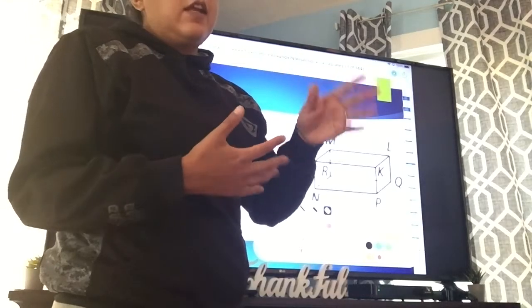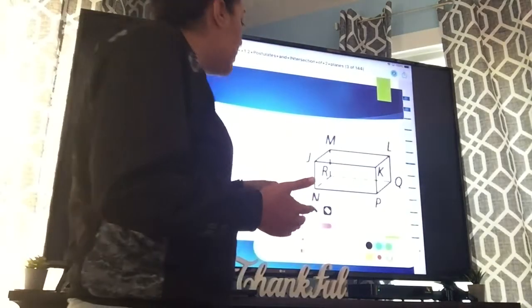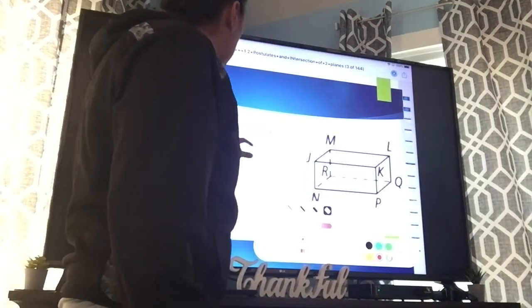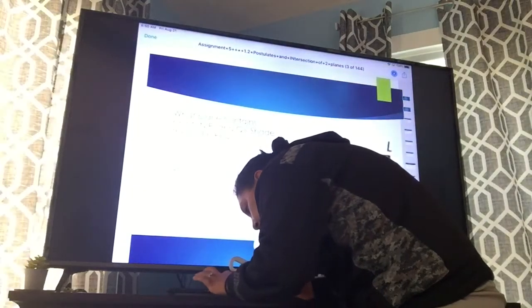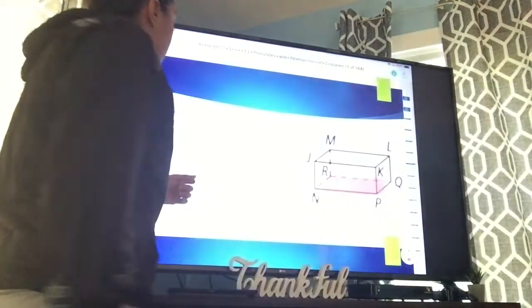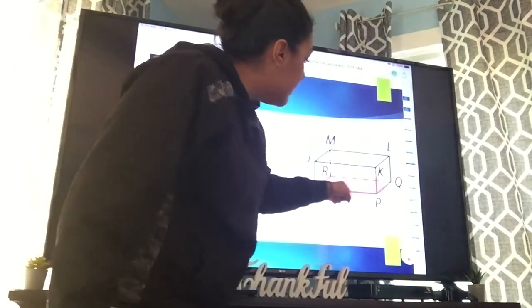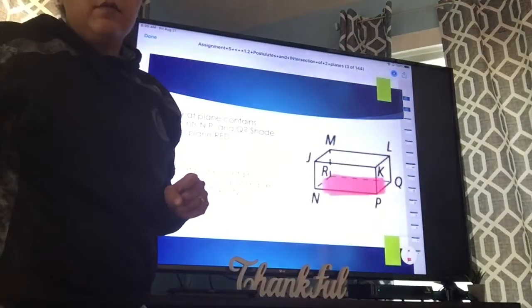There's different colors on each side, okay? So we're going to shade this whole bottom part right here, and I didn't shade very nicely, but you see that NPQ is going to be that whole bottom area of that rectangle, okay?